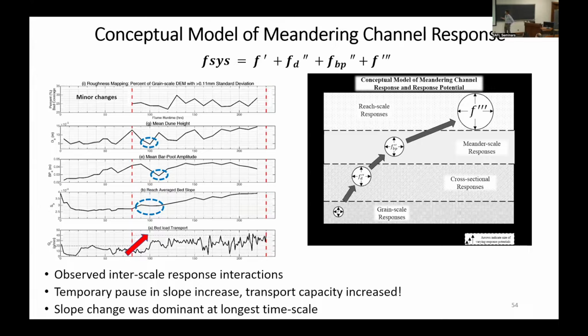But we did see this temporal progression of cross-sectional, dune scale response, meander scale response associated with bar pool amplitude, and then ultimately a reach scale response associated with an overall increase in the reach average bed slope. So we had this temporary pause in that slope increase while these more intermediate spatial scales were changing. But then once those had reached their limit, the channel had no real choice but to increase its overall slope.